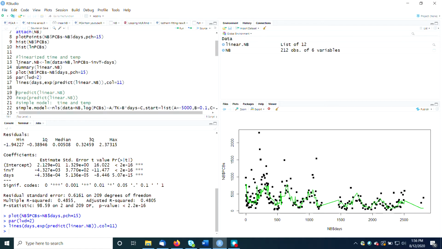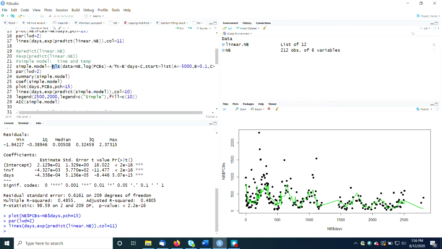Okay, so this was using a multiple linear regression to do our time series, and you can totally do that, nothing wrong with it. But you can also use a nonlinear model, and for that we're going to use the NLS command here. So I'm going to call this my simple model of time and temperature, so I'm going to call it simple.model. And I'm going to use the NLS, the nonlinear curve fitting routine.